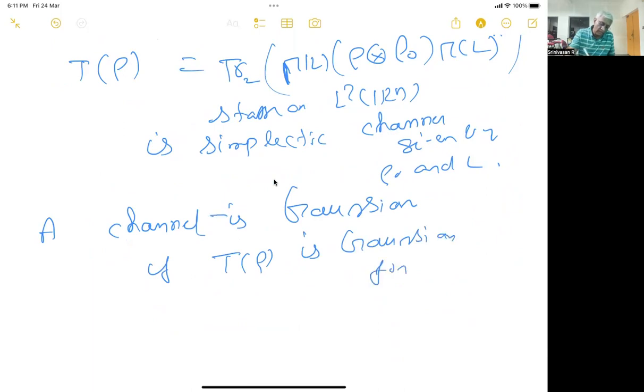For a channel T, if rho is Gaussian, then T of rho is also Gaussian. That's what is called a Gaussian channel. Definition.